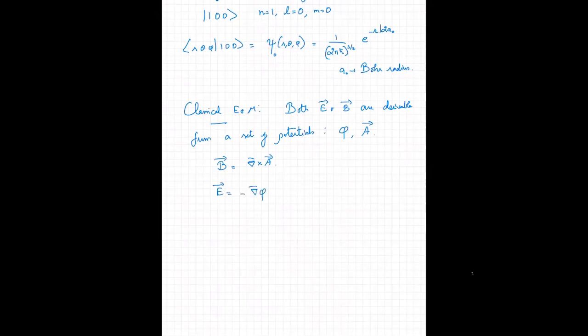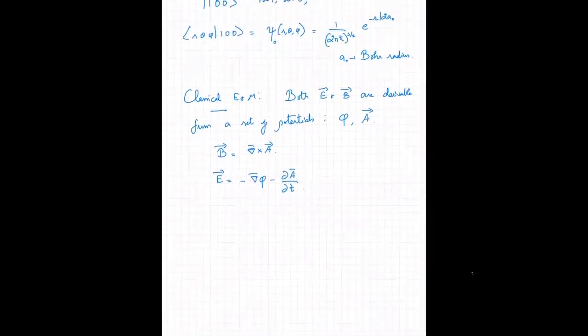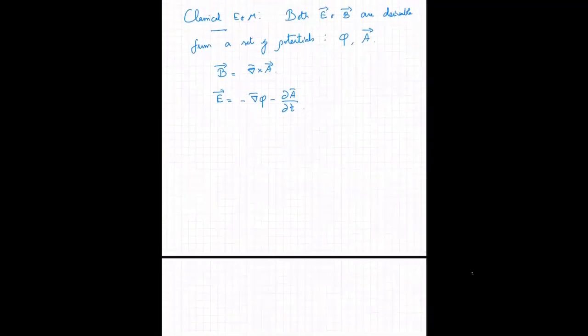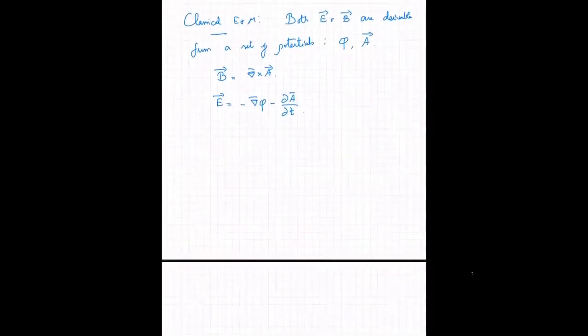If I'm dealing with electrostatics, this is all there is to it: E would be just minus del phi, because E is an electrostatic field. But in the case of electrodynamics, I should also account for the fact that there is a magnetic vector potential, so the electric field is given by this particular quantity. This is something that you probably recall very easily. The other thing that we would need is the issue of gauge invariance.